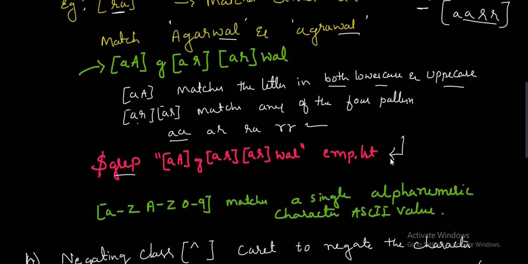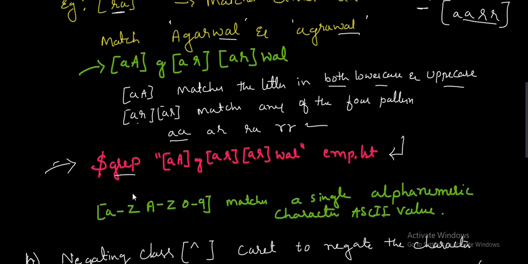Yes, what may be the output? So it matches all the lines that are having this string and also this string. If you have any one more pattern, accordingly you have to change the regular expression. Quickly take this example, take this command and write the output.